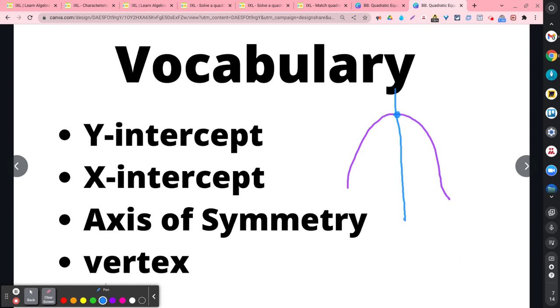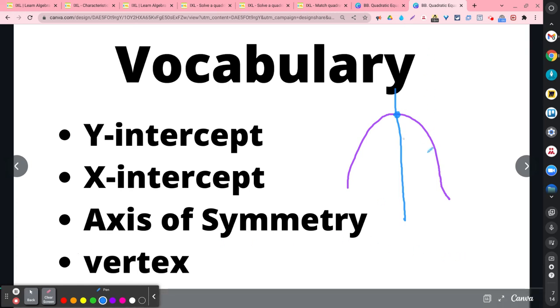Okay? So the axis of symmetry is a vertical line, and the equation of an axis of symmetry is usually x equals a number. If you remember from the last module on linear equations where you had to graph a vertical line and a horizontal line, x equals a number is a vertical line and y equals a number is a horizontal line.